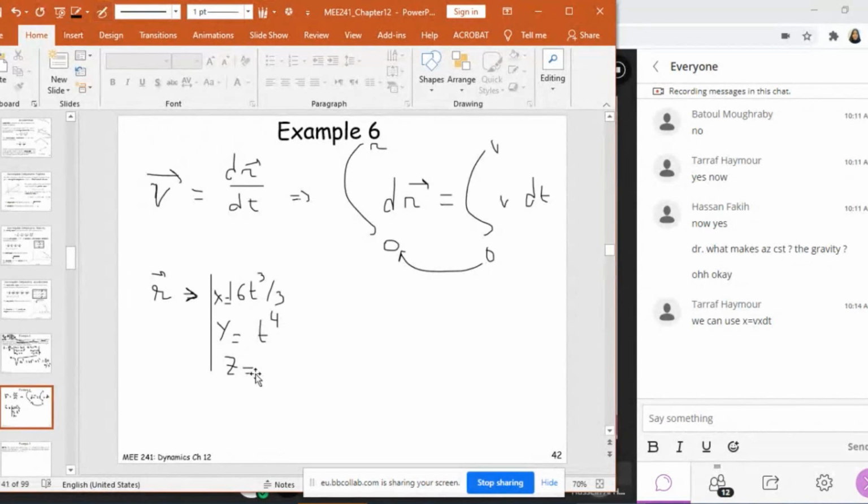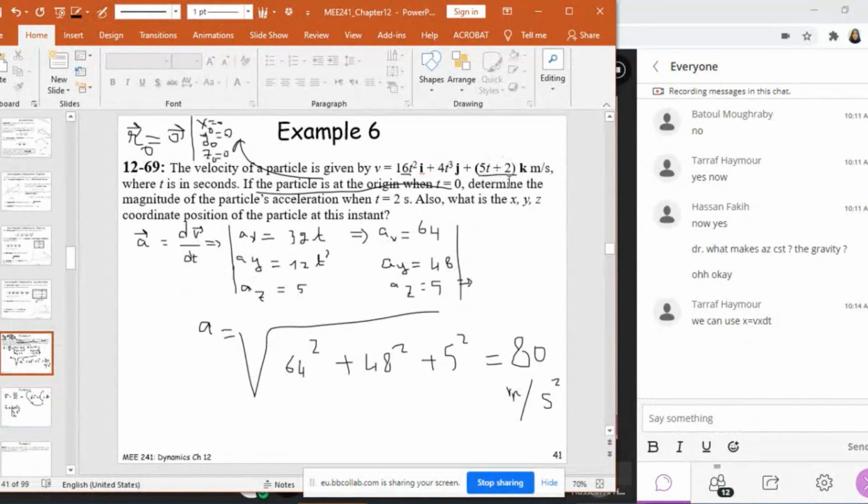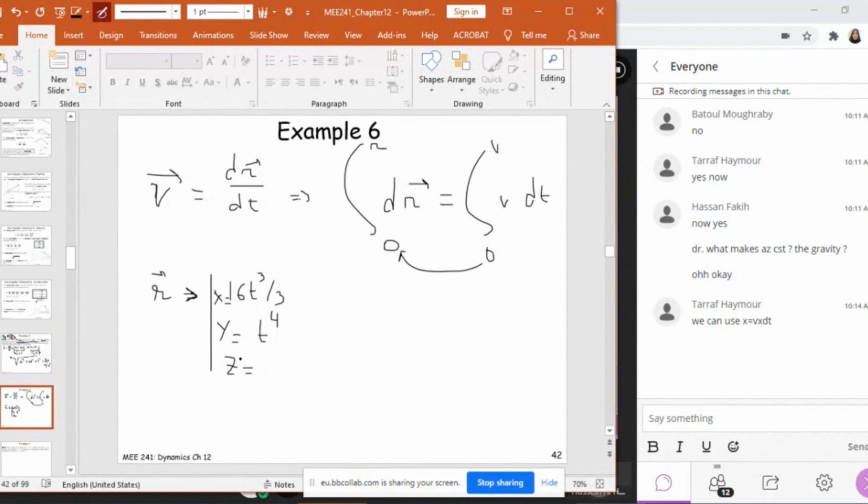And what about z? Now I know that vz is 5t plus 2, so I can find z by 5t squared over 2 plus 2t. Sorry, so 5t squared over 2 plus what?